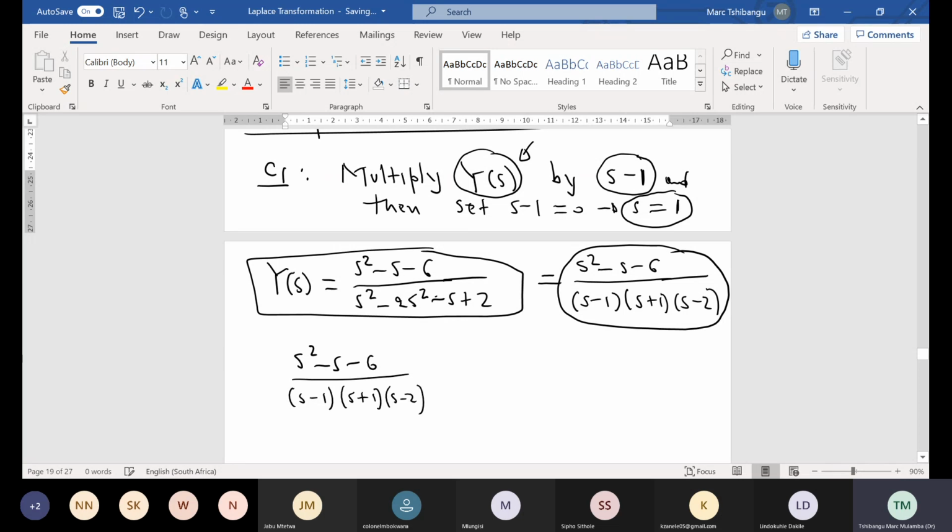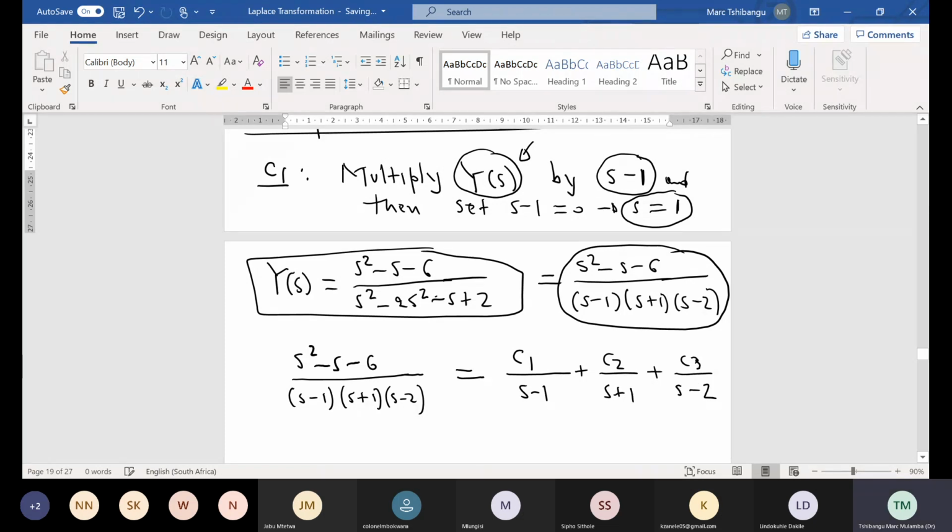I said you're going to multiply Y of s, I can just say Y of s by s minus 1. So we know that this is equal to C1, the expansion version, over s minus 1 plus C2 over s plus 1 plus C3 over s minus 2.